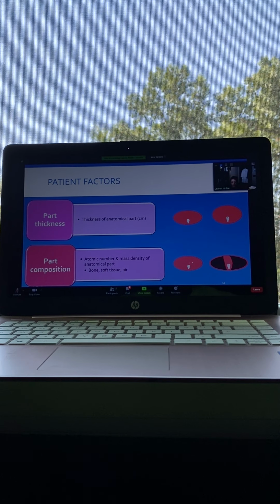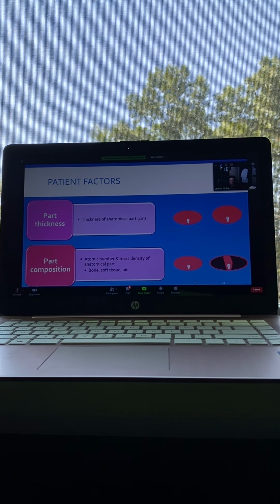Part composition. Now, this is supposed to be a lung field, and this is an abdomen here. But the part composition, what that part's made of, is it primarily bone, or is there a lot of soft tissue? Is there air in there? That plays a role in the exposure factors that we set and how much exposure gets to the image receptor.